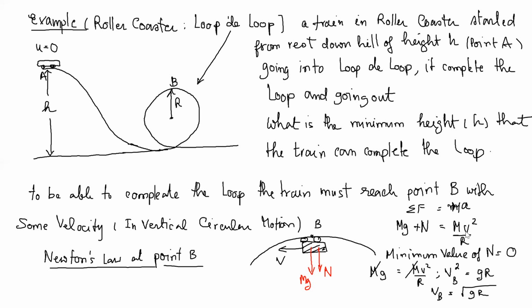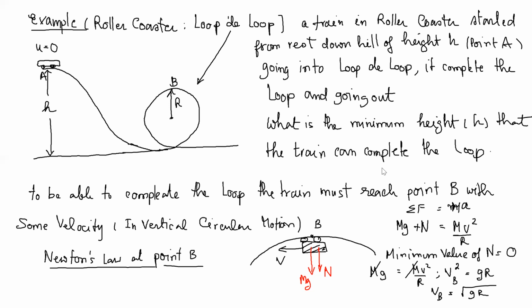So the minimum velocity the train can have on this ramp at point B is when the normal force equals 0, and only the weight is pulling it down. So at this point, mg equals mv squared over r, or v is the square root of gr. The minimum velocity at point B must be equal to the square root of gr in order for the train to complete the loop.